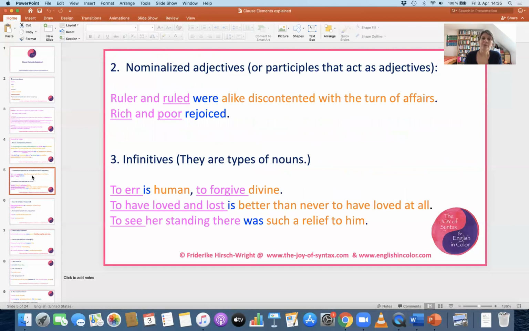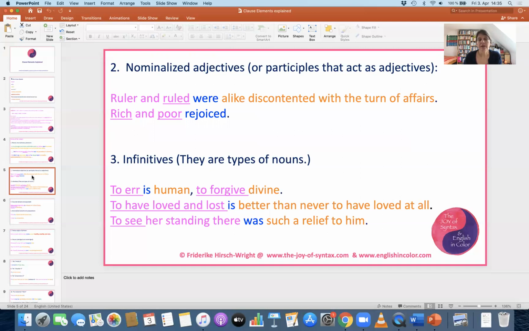However, a number of adjectives and participles that serve adjective function can be nominalized. And here are two examples. Ruler and ruled.